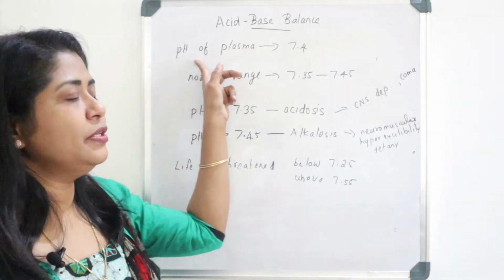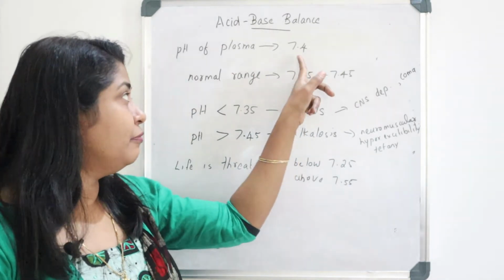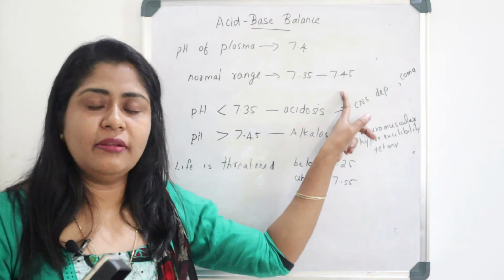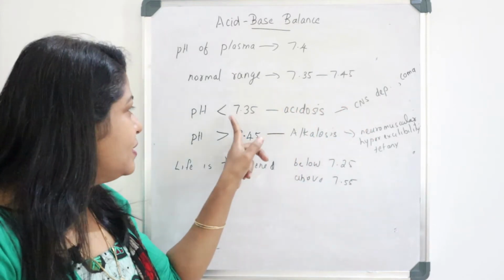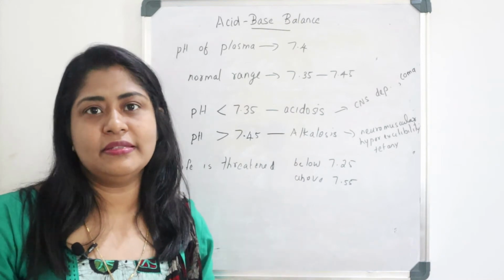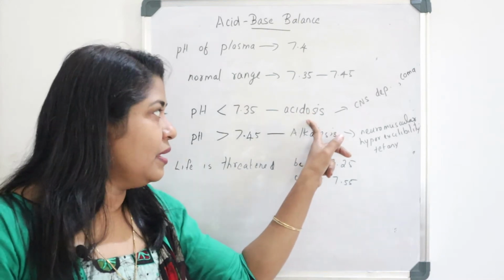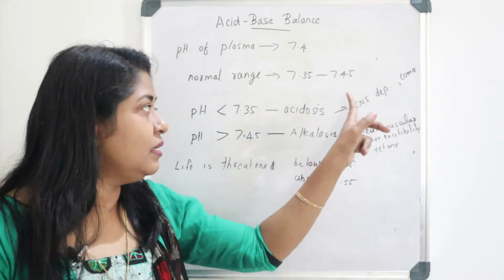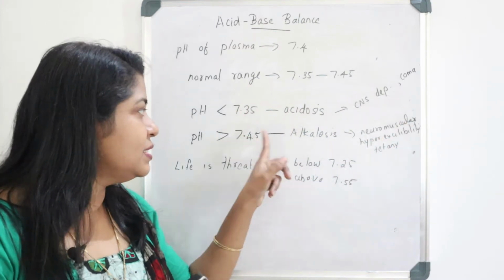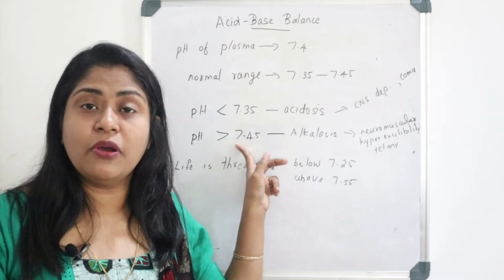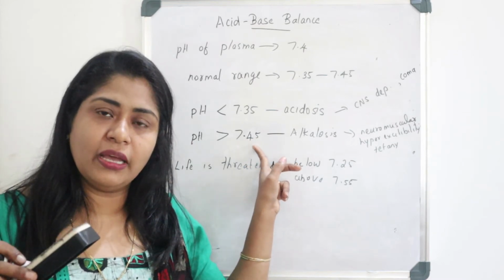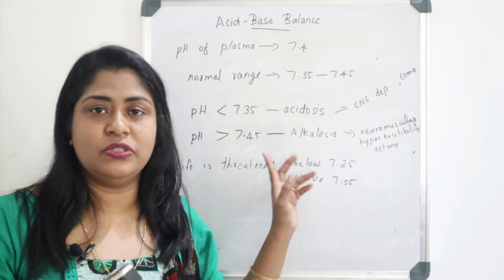We know the pH of plasma is 7.4, and the range we can give is 7.35 to 7.45. If the pH is less than 7.35, that means low pH, that is acidity, so acidosis, and in acidosis we can see CNS depression, coma, etc. Coming to alkalosis, if the pH value exceeds 7.45, that results in alkalosis.